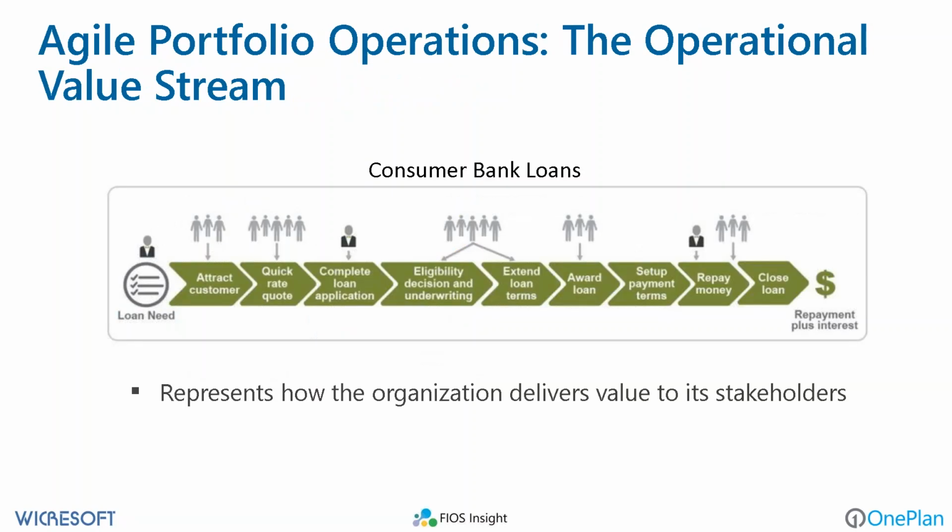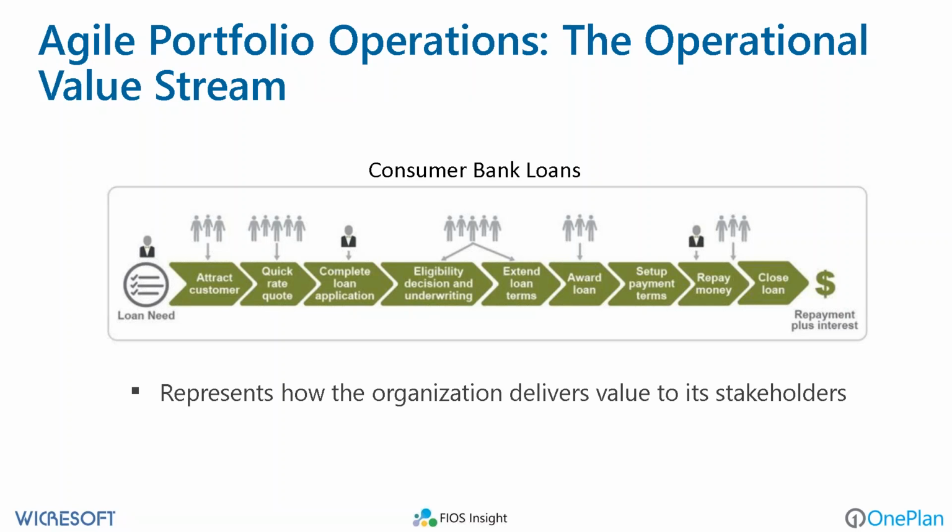In order to get down to the operational level, really agile portfolio operations within lean portfolio management is dependent on having a very clear definition of our operational value streams. And unfortunately, it's a topic within lean portfolio management that isn't addressed heavily.